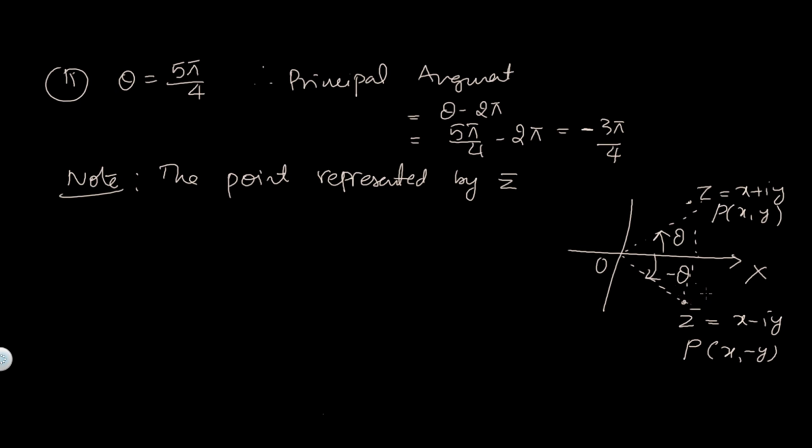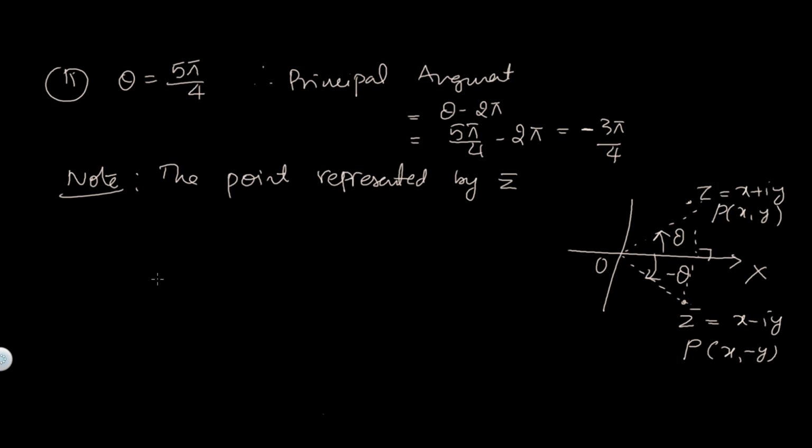Now the line segment joining z to z bar makes 90 degrees with the x-axis. See this one. That is why the x-axis is always perpendicular to the line segment joining z and z bar.